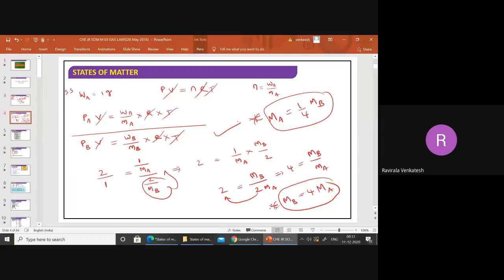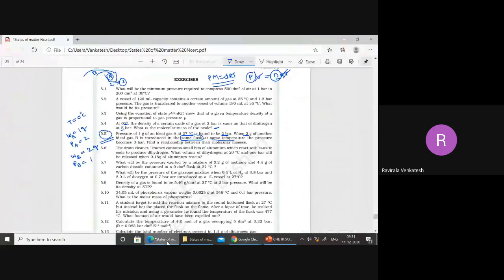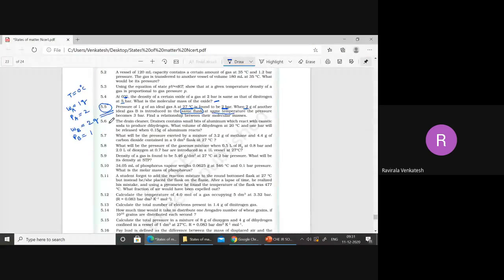Next we'll see 5.6 also. Let me take 5.6 now. What is 5.6? A drain cleaner, Drain X, contains small bits of aluminium which reacts with caustic soda to produce dihydrogen.